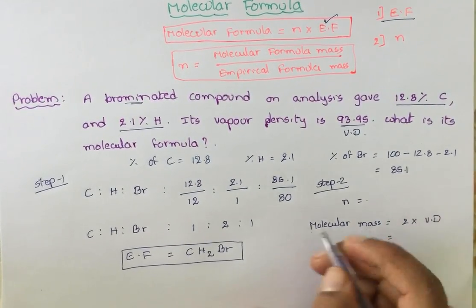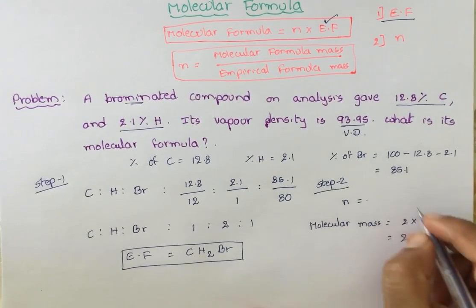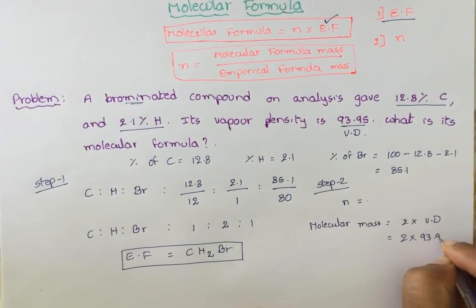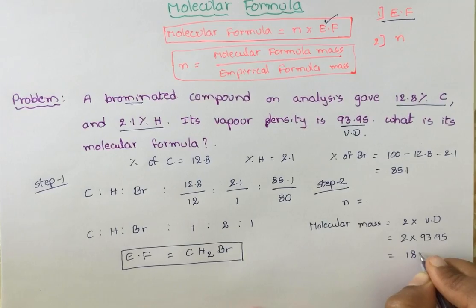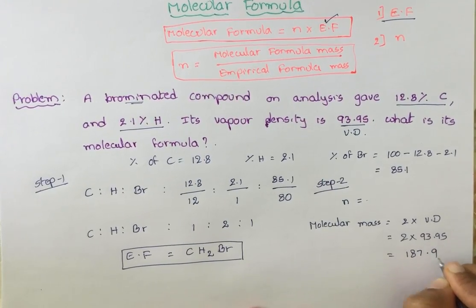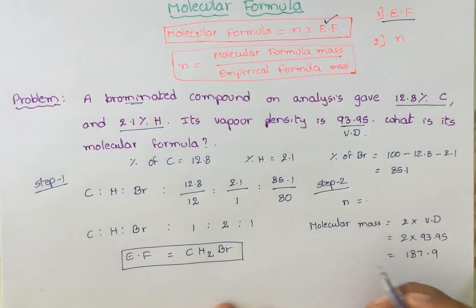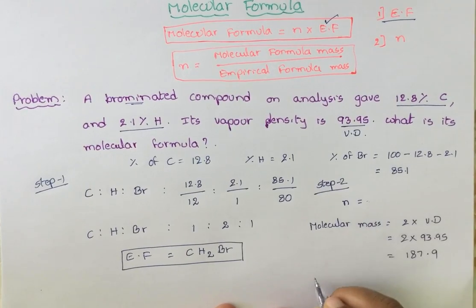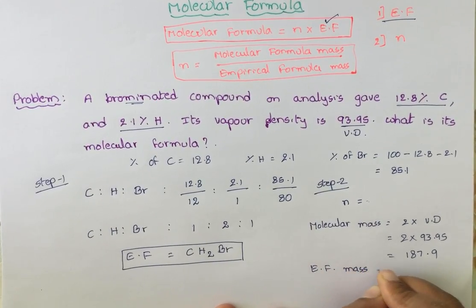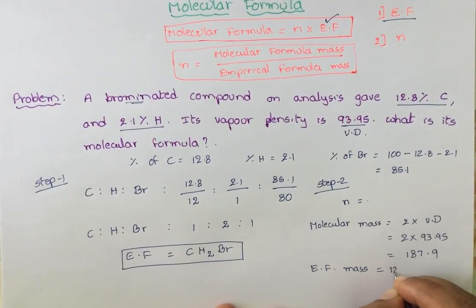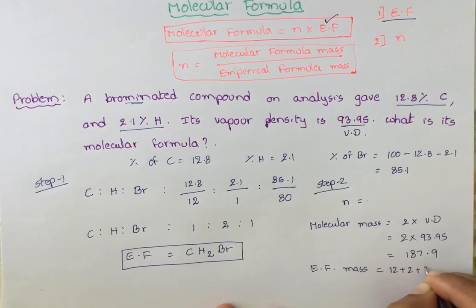So 2 multiplied by 93.95 gives 187.9. Next, the empirical formula mass is carbon 12, hydrogens 2, bromine 80, which equals 94.